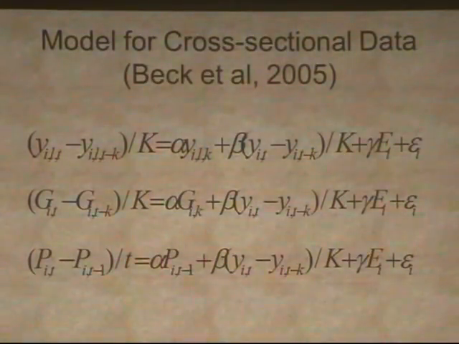The first model measures the effect of entrepreneurship on the income of the poor. The second model measures the effect of entrepreneurship on income distribution or inequality. And the last model, entrepreneurship on the headcount index, P for the headcount ratio.